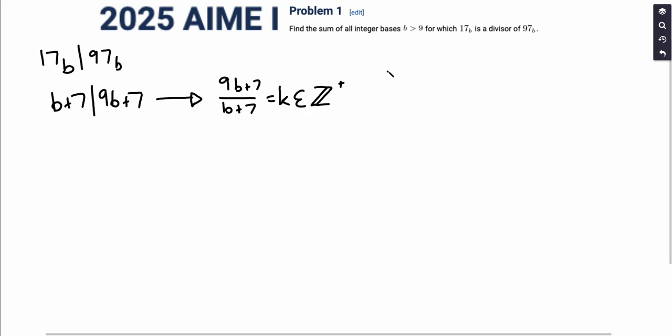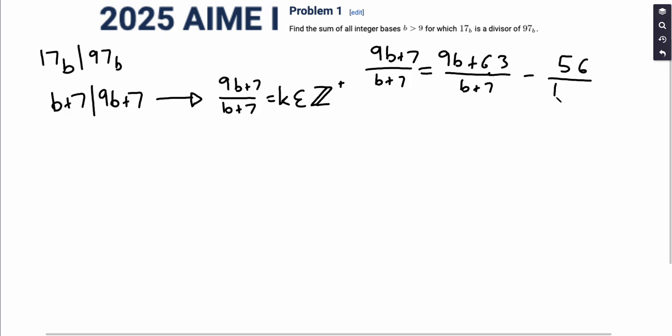And so the way we do this is we write 9b plus 7 over b plus 7 as 9b plus 63 over b plus 7 minus 56 over b plus 7.